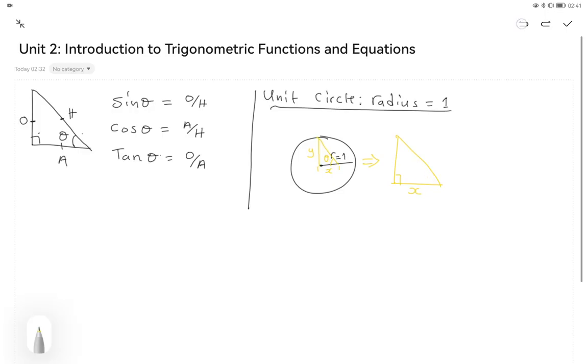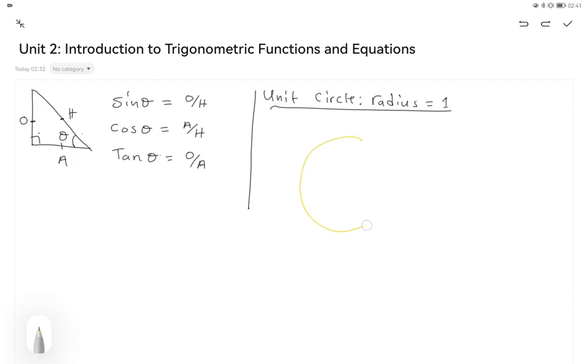Let's undo this. And let's have a bigger circle. Okay, so the bigger circle will look like this. This is the circle.